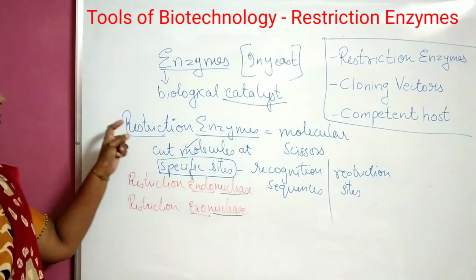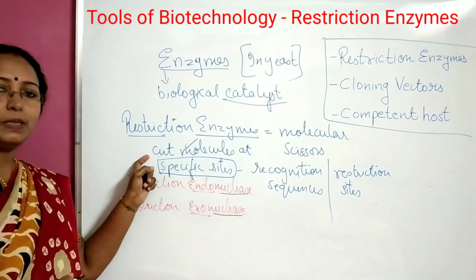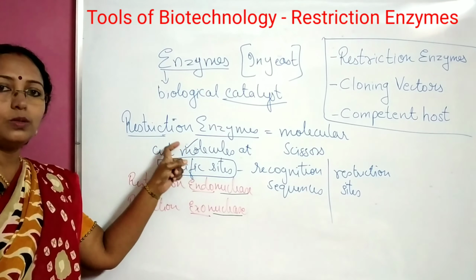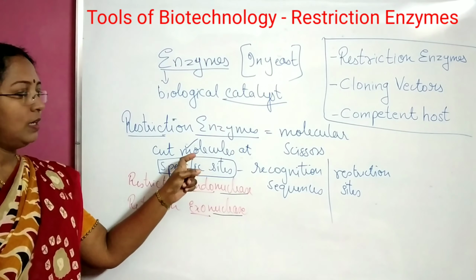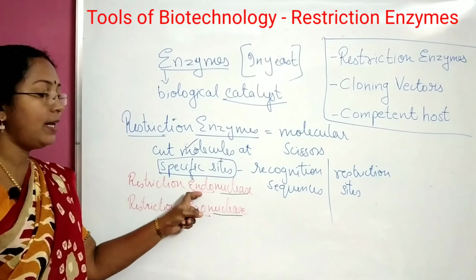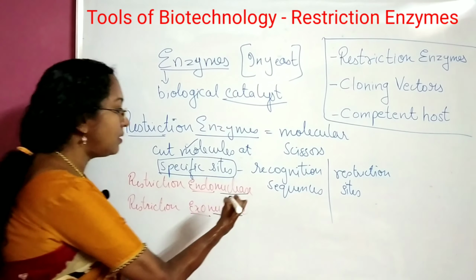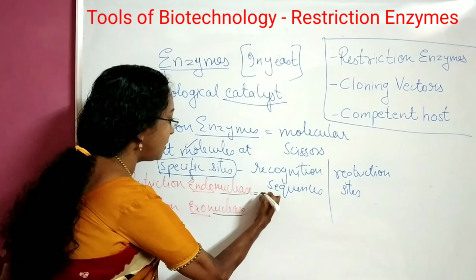I told you restriction enzymes are molecular scissors which cut molecules at specific sites. Now we know those molecules are nucleic acid molecules. And the name I have modified as restriction endonuclease means they cut nucleic acids within.